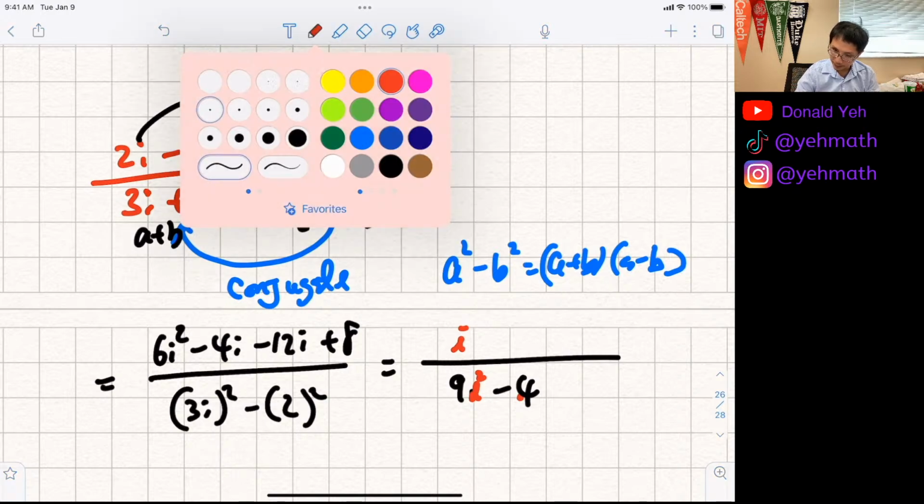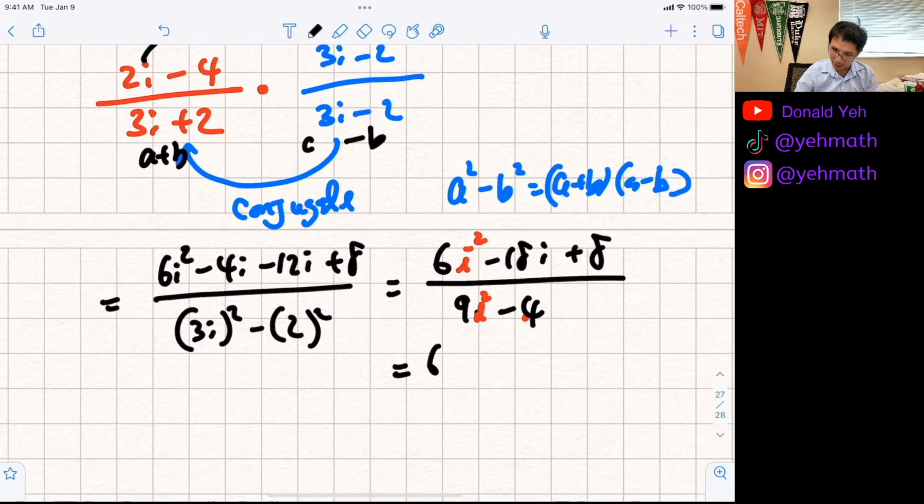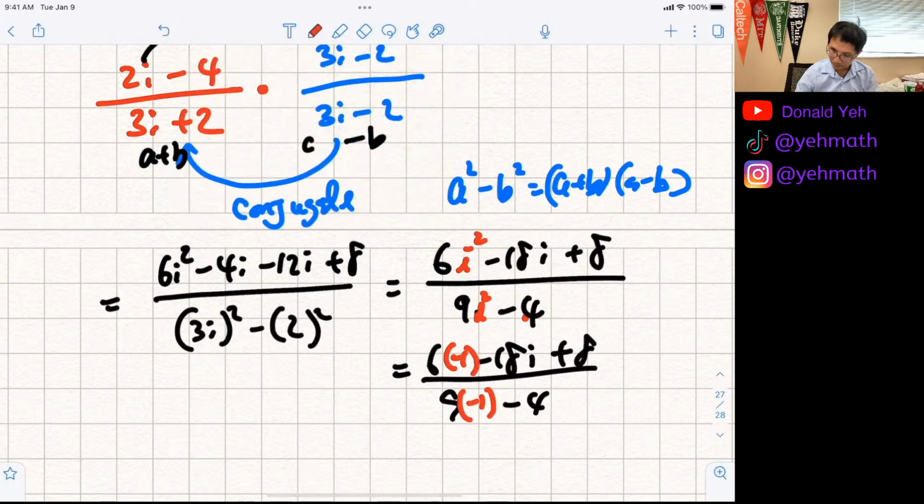And this is i squared. So anytime you have i squared, that means you're going to change it into what? Negative 1, right? So that's going to be 6 minus 18i plus 8 over 9 minus 4, and that's going to be negative 1. Isn't it 16? Add the right 16.